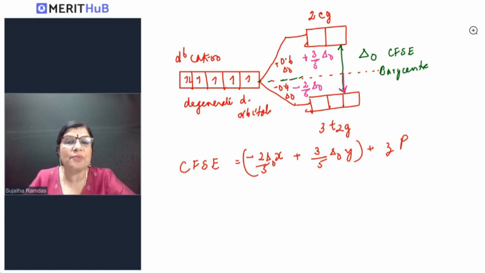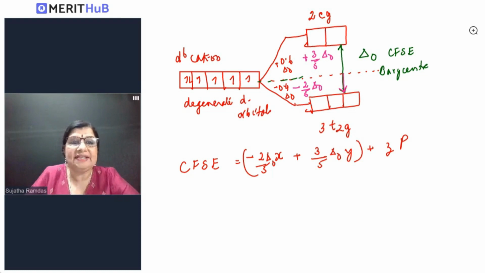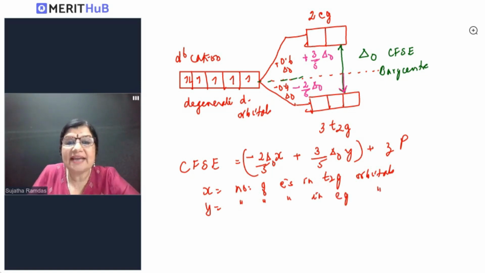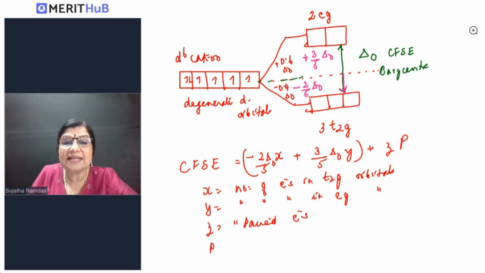That is the formula of crystal field splitting energy, where X corresponds to the number of electrons in the t2g orbitals, Y corresponds to the number of electrons in the eg orbitals, and Z corresponds to the number of paired electrons, and P stands for the pairing energy.